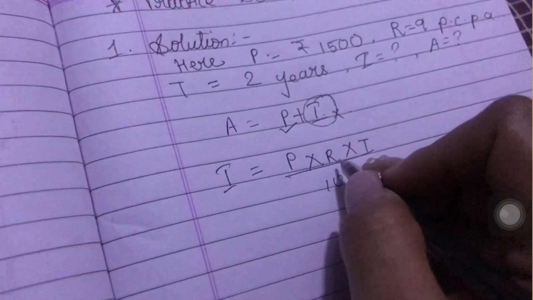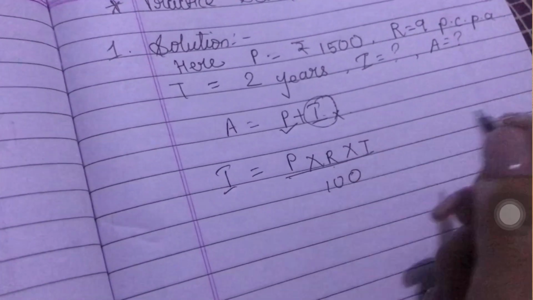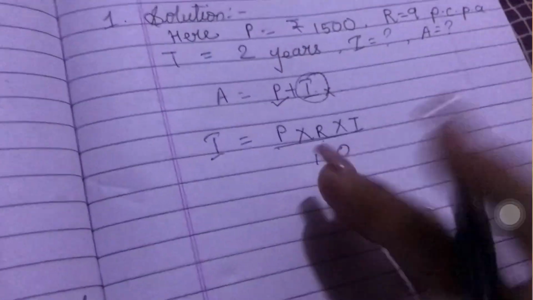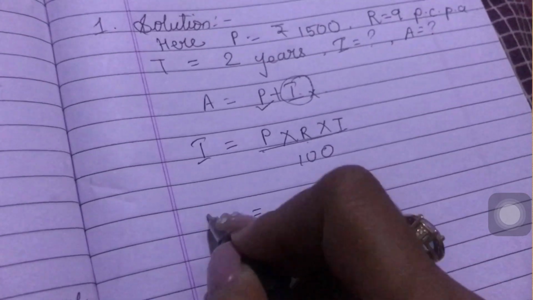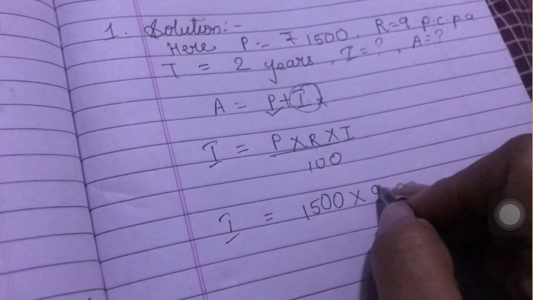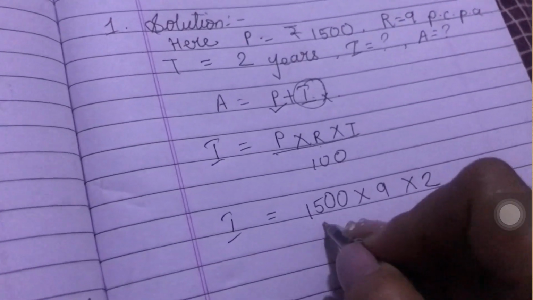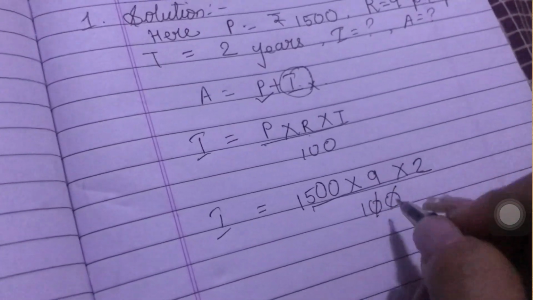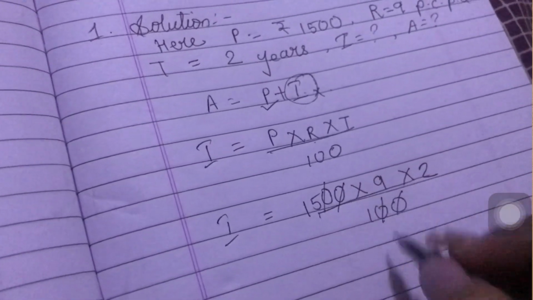Principal, rate of interest and time period. Let us substitute the values first. What is principal? 1500 into R is 9 into 2 upon 100. Okay, this 20 and this 20 will get cut.